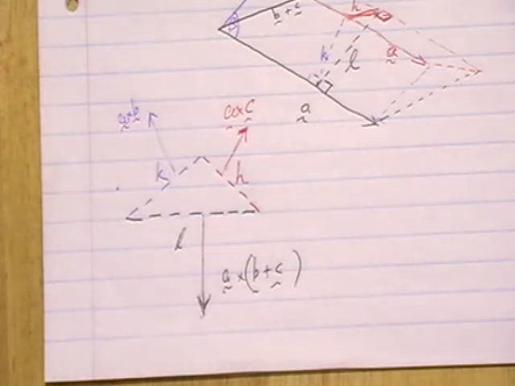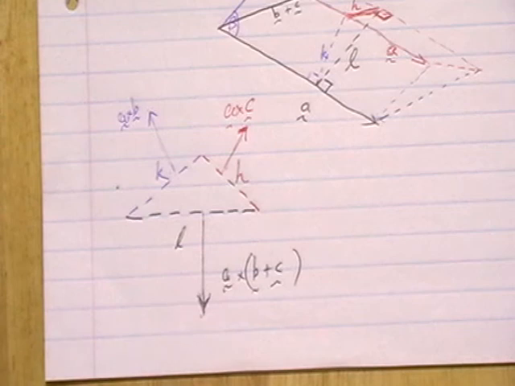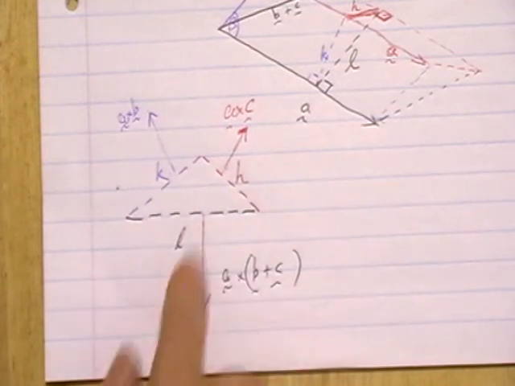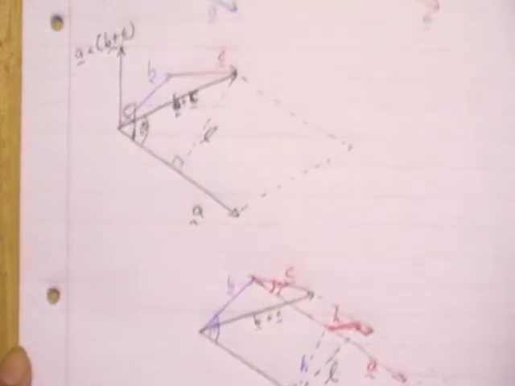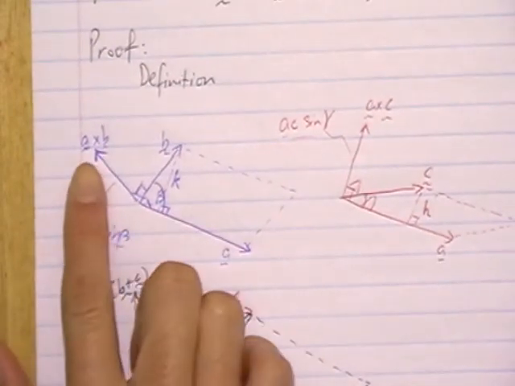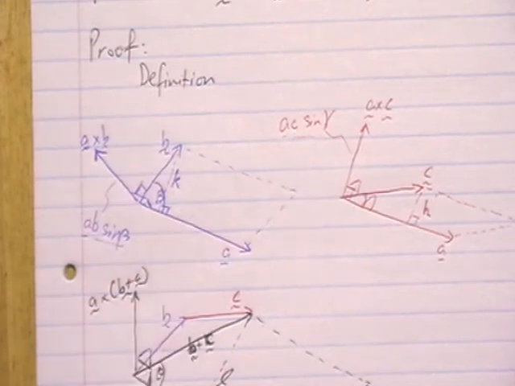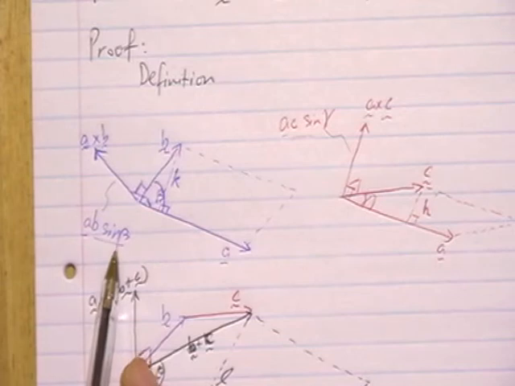Now the next thing that I need to do is to think about the lengths of each of these vectors in terms of the sides K, H, and L. Let me start with A cross B. So going back to the first figure, see that the length of A cross B is AB sine beta.